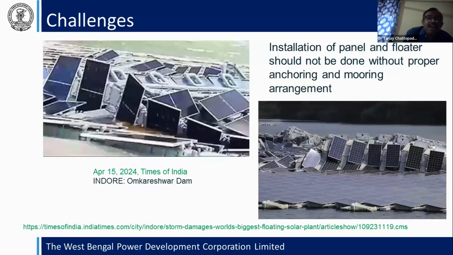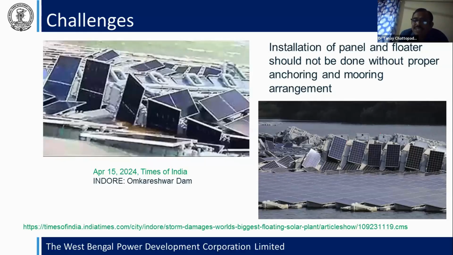And the big challenge, you also see in the newspaper, that is the Indore Omkareshwar Dam at the initial stage. Times of India reported that during a cyclone some panels and floaters were destroyed, but it is not actual. These were floaters which were not properly anchored, at the building stage.